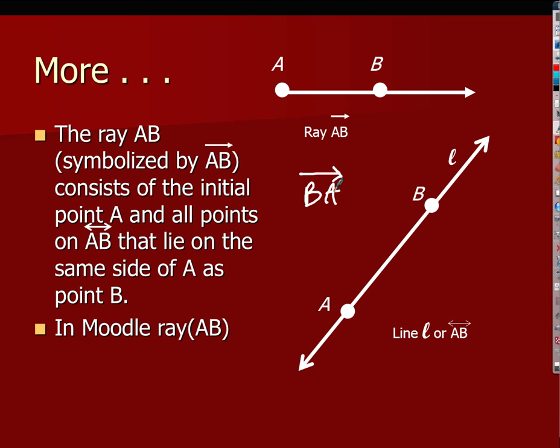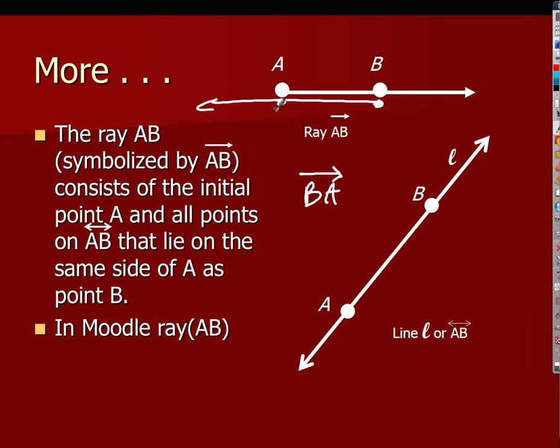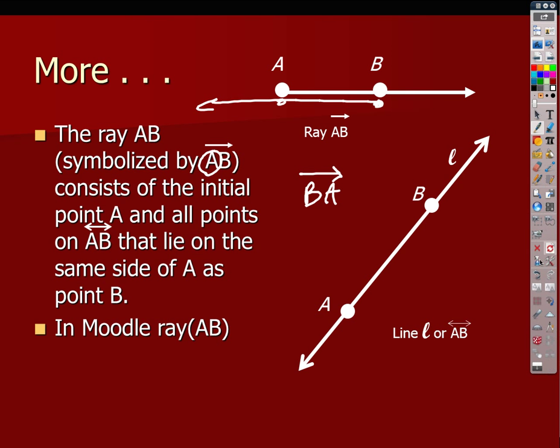If I were to draw ray BA, that ray would be starting here and going in that direction, right? Be the opposite. Okay, opposite direction. So you got to be careful. You always have that first point has to be the starting point of the ray, and the second point is the target, the one that you're shooting through, right? Okay.